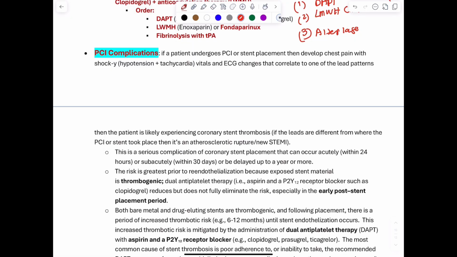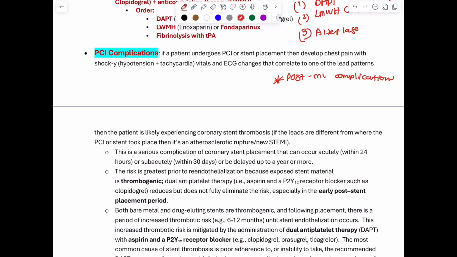Now, PCI complications, because as you remember, which is also high yield, know the post-MI complications, okay? I could make a separate video for this if you want, but these are straightforward. Just know what they look like and when they happen. They're not going to get tricky with the complications.